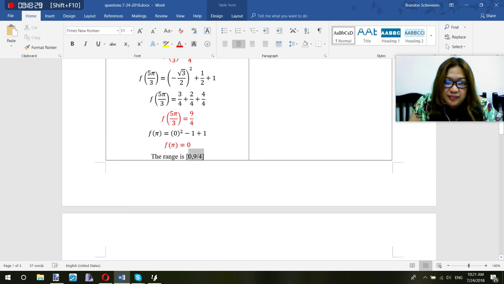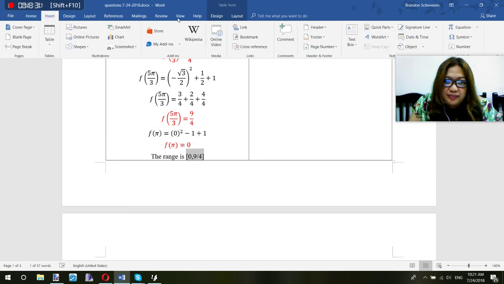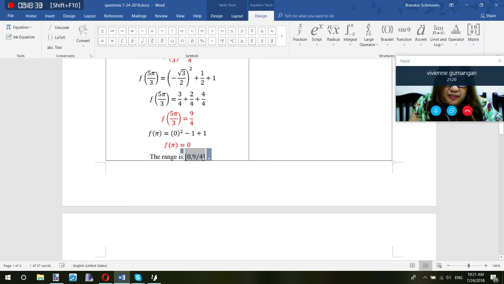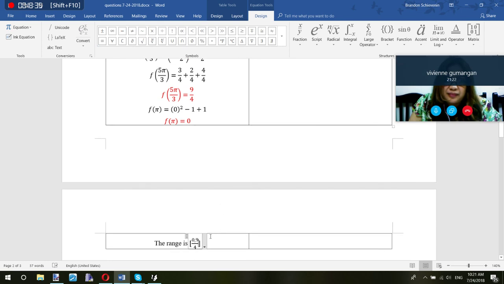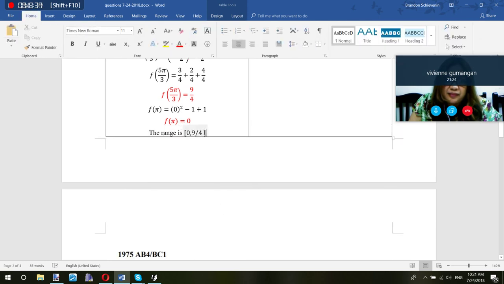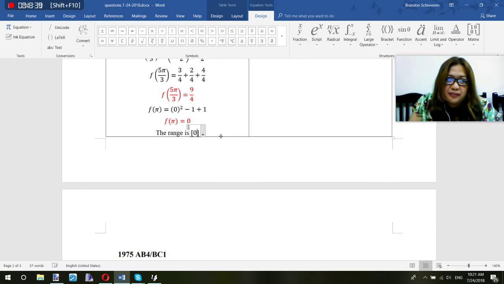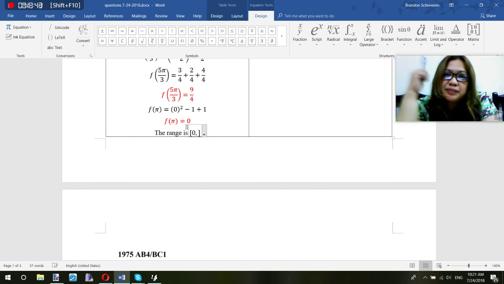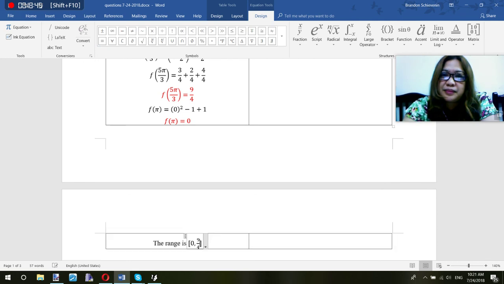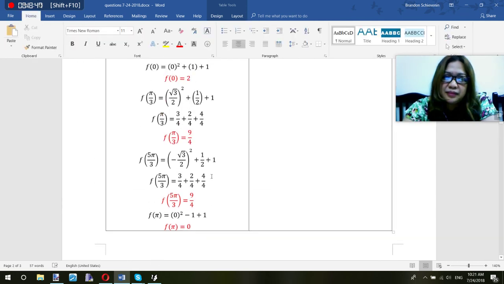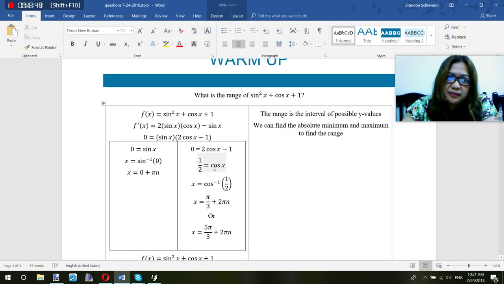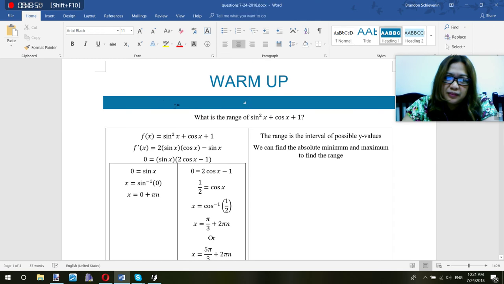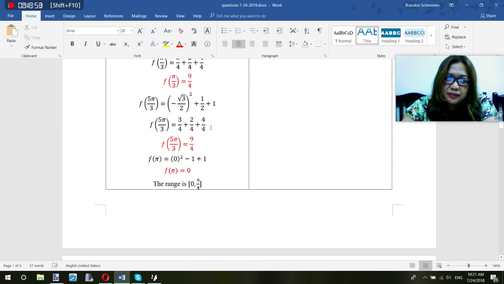I do need to make this an equation so I can get this in the same format as the others, but that's perfect. Okay, maybe I have to rewrite this. My range is from 0 to 9/4. Okay. Let's get rid of this line. And that gives us some room.